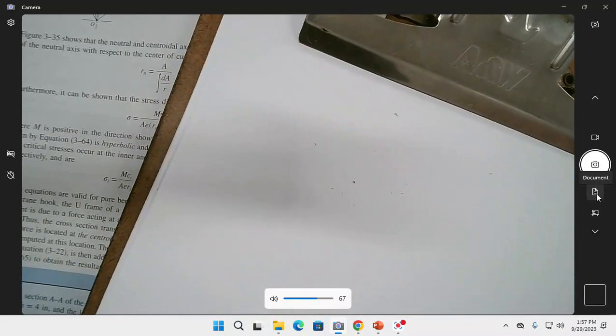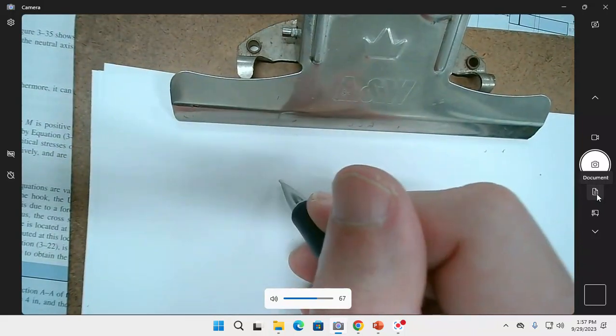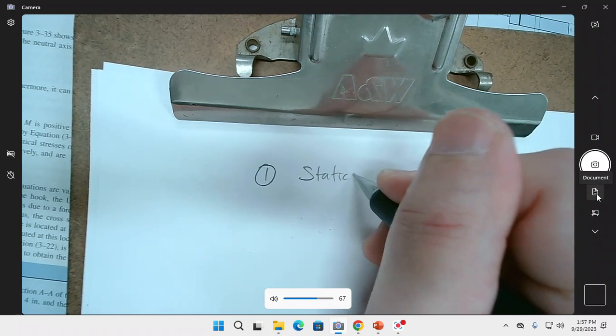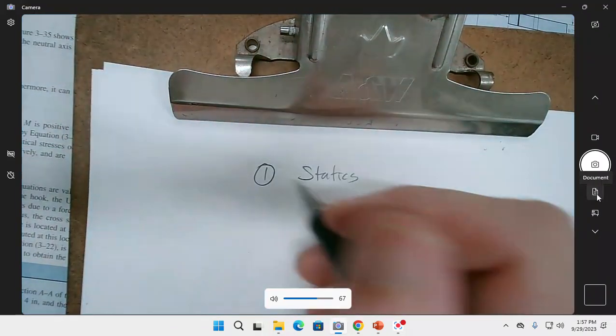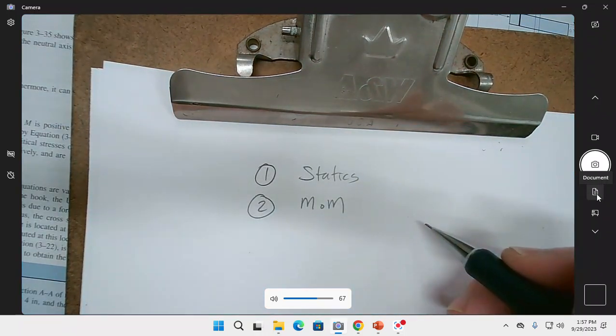You know, the first couple classes were basically statics review, right? So we had statics review. Then we had mechanics of materials basics review.